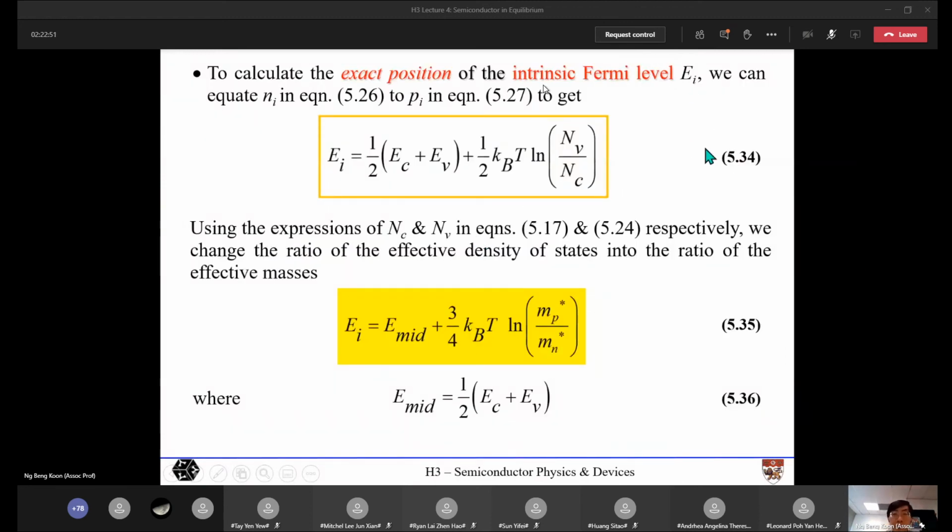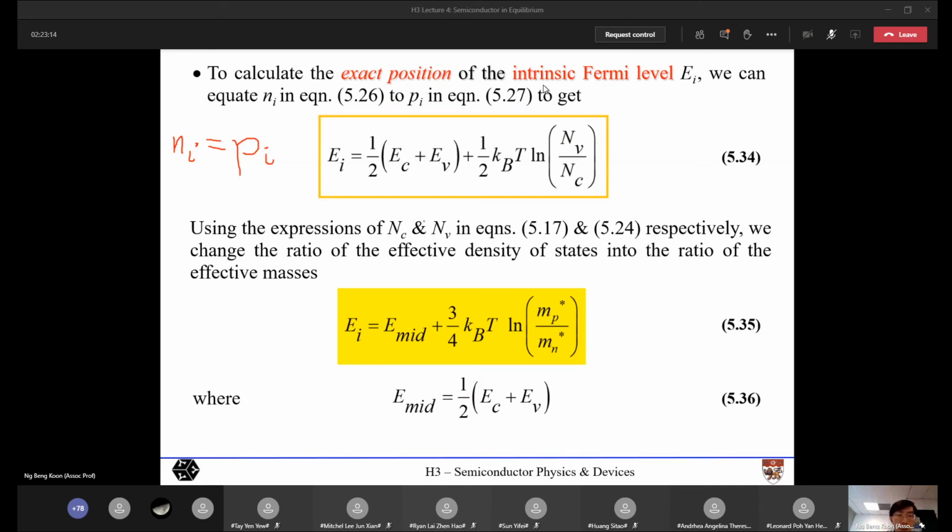Now another thing that we could do with the equations that we have for pure semiconductor is, other than multiplying the Ni with Pi, we can also equate Ni to Pi using the set of equations that we have for intrinsic material.